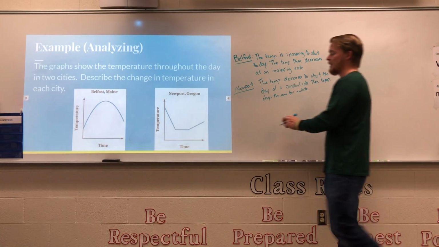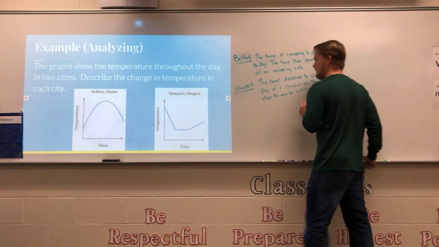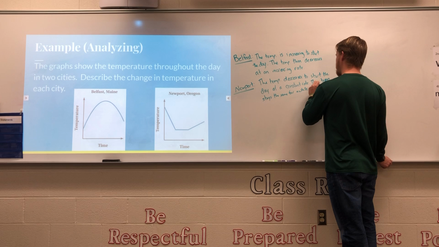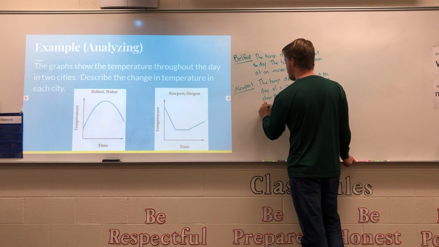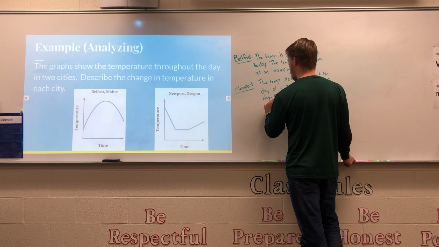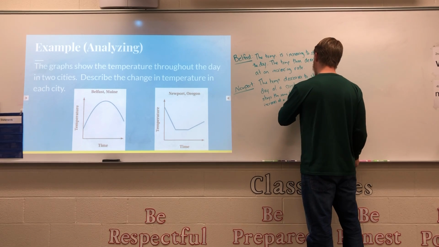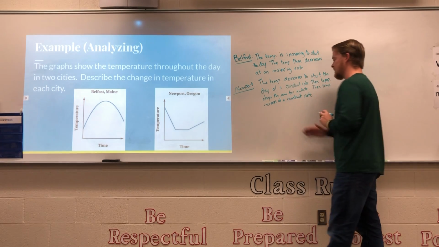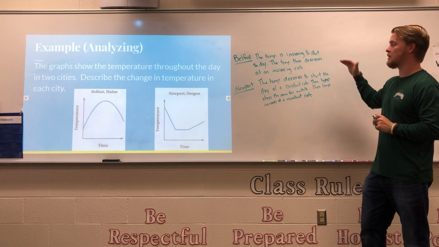And then to end the day, the temp increases at a constant rate, again because it's a straight line. If it's a straight line, that is increasing at a constant rate. So this is how you would describe each of those graphs.